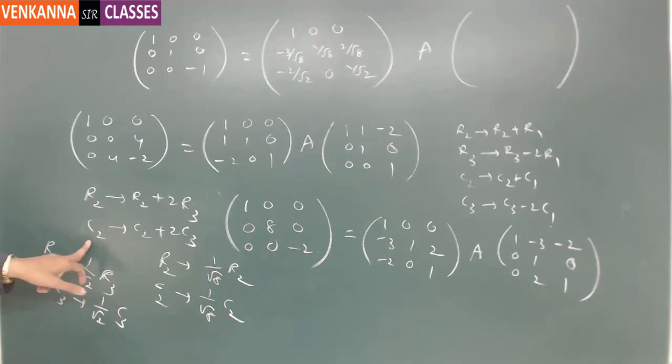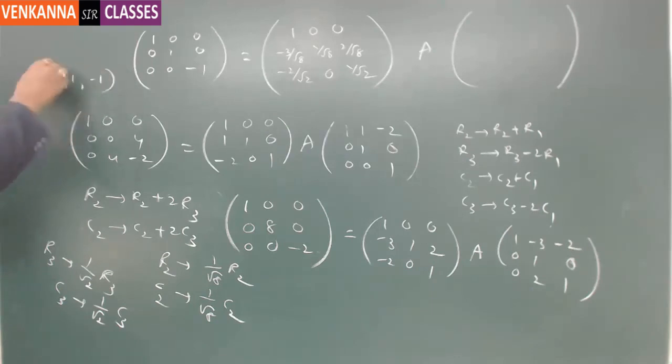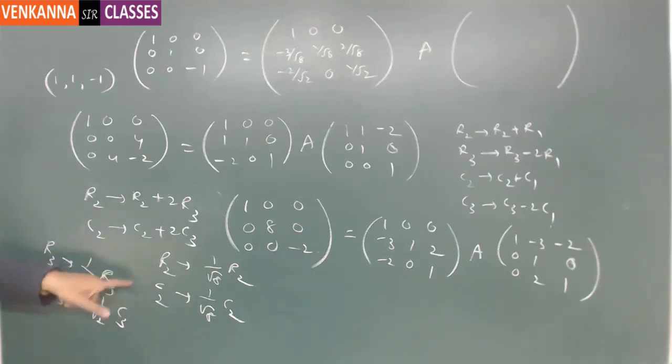Please understand. I want to make that value 1, that's why I have taken like this. For example, let us assume that for the given matrix, the eigenvalues are 1, 1, minus 1. Since I don't know what the eigenvalues are, but on the diagonal, eigenvalues will come always. So in order to get the eigenvalues on the diagonal, I should apply the operation like this only.